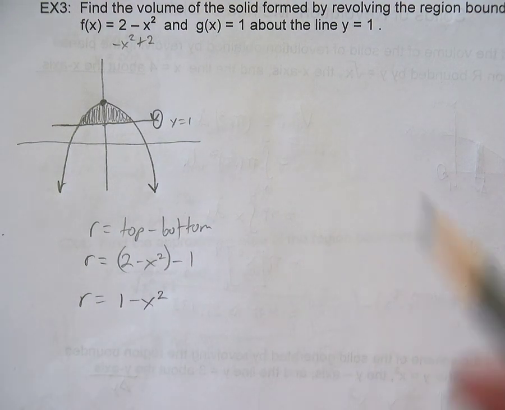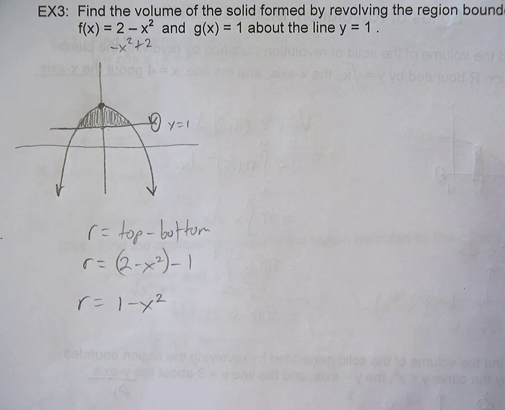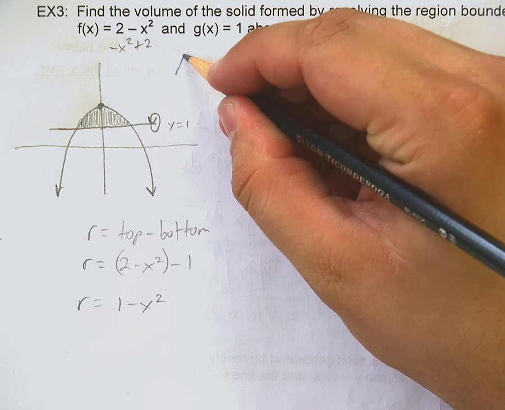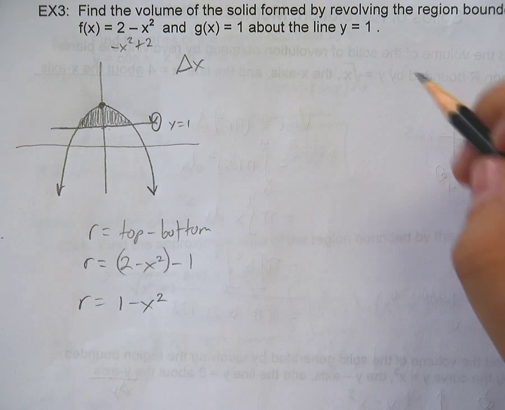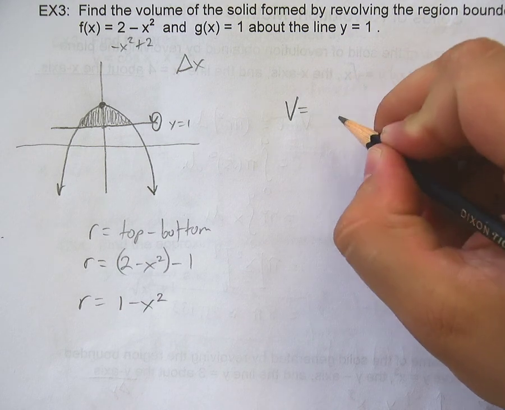And then, oh, I'm sorry, step 1, delta x or delta y. Well, since I have a top and a bottom, this one's going to be delta x. Since I have a top and a bottom, this one is going to be a delta xer. So again, volume is going to be, now this one is going to be a little bit different.